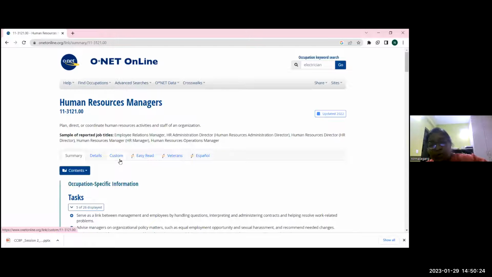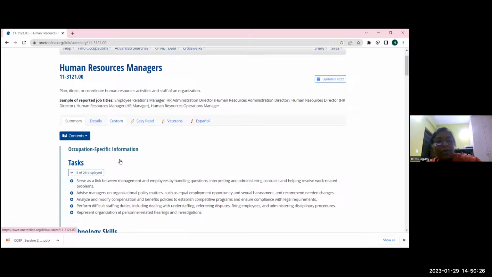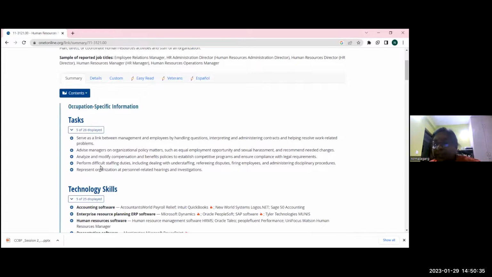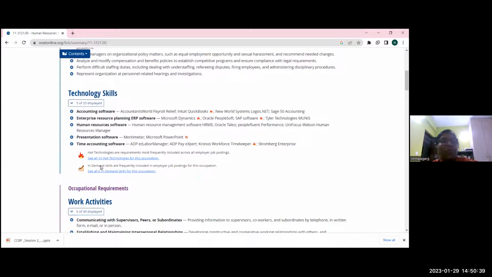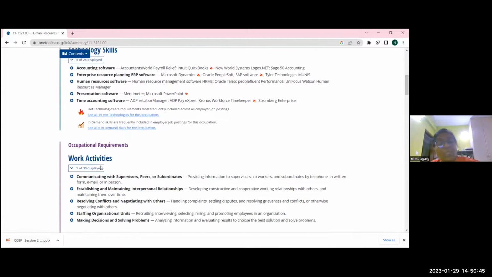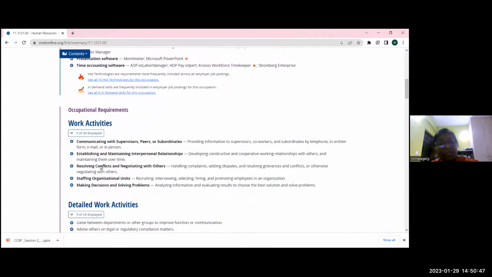Right? If you look at it, it gives you a detailed list. It also has a summary. It can also give you detail of tasks, of technology and skills required. If you look at accounting softwares and ERPs and presentation softwares, whatever, and what are the kind of work activities, all right?